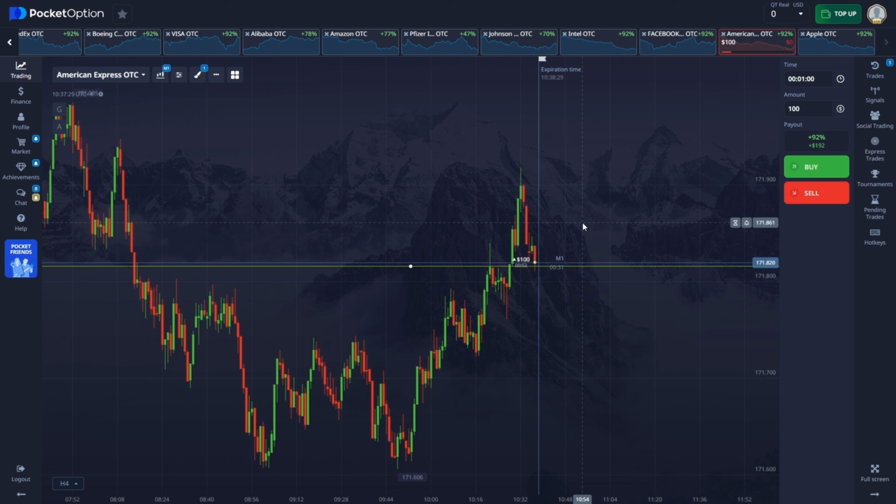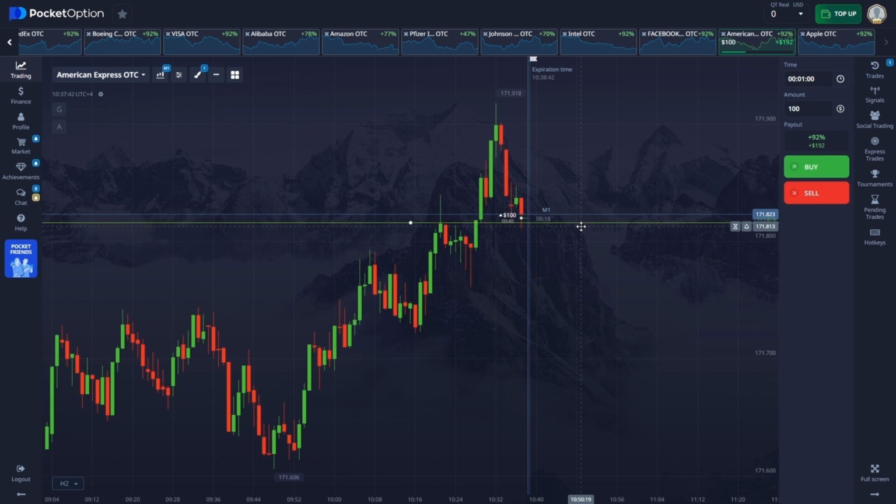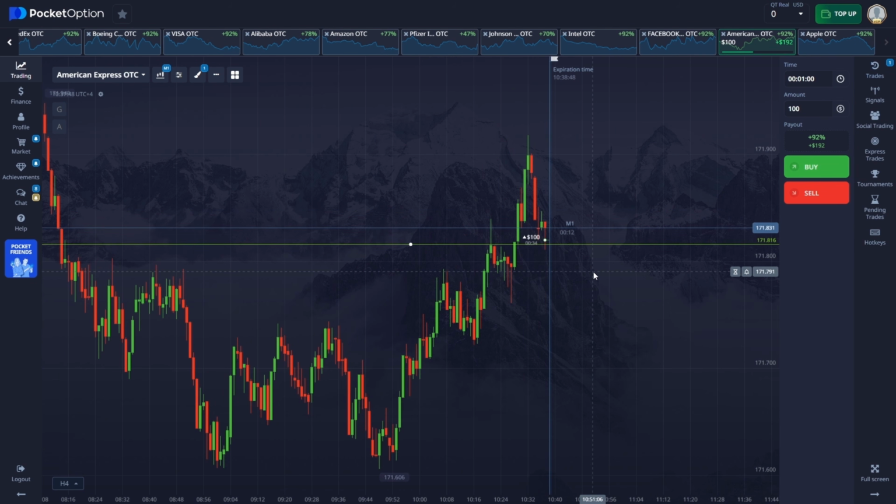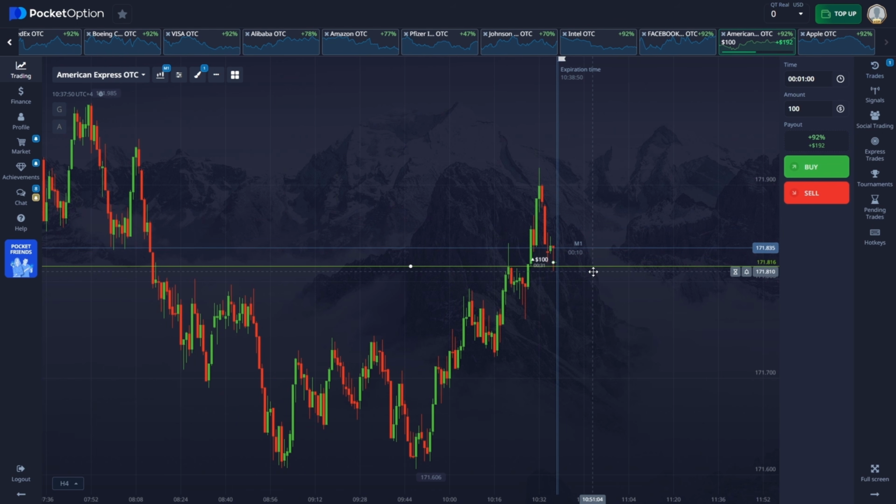If you look at the chart, you can see that the candle is facing resistance from the level it broke, and now it's trying to take support from there. So resistance becomes support, or you can say this is a retracement trade. The trade is currently going in our favor.